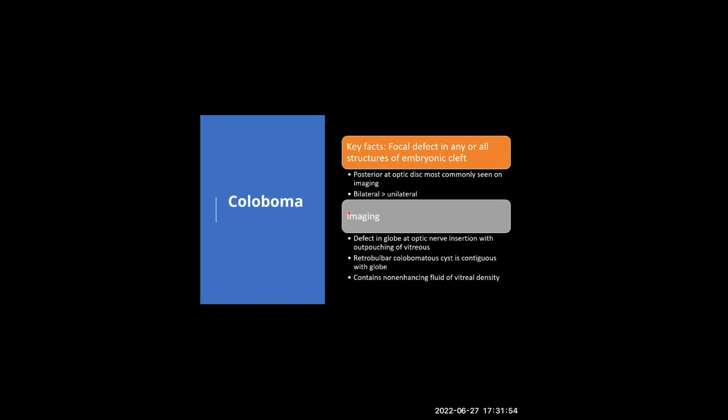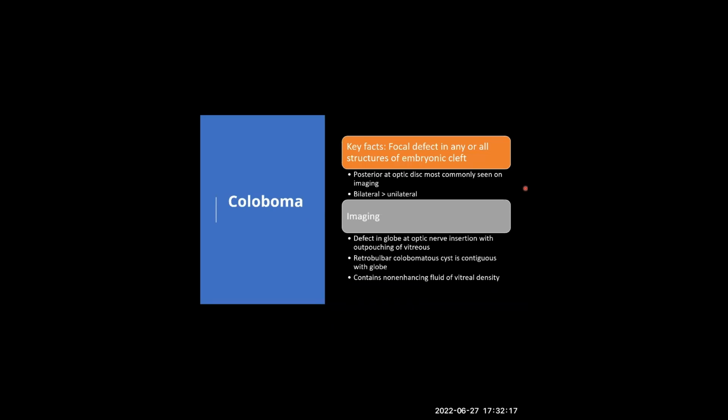The coloboma. Coloboma is a herniation. It appears at the site of entry of the optic disc. It is a weak point because of the optic nerve; there is a defect in the globe. So at the site of entry of the optic nerve, this is the weakest point.